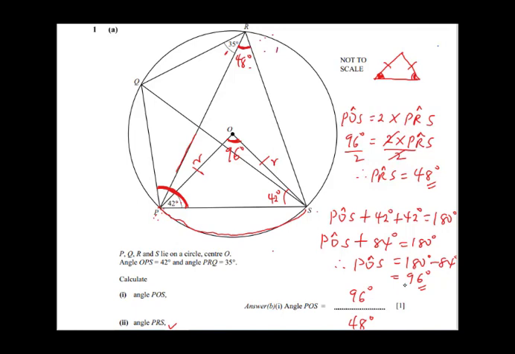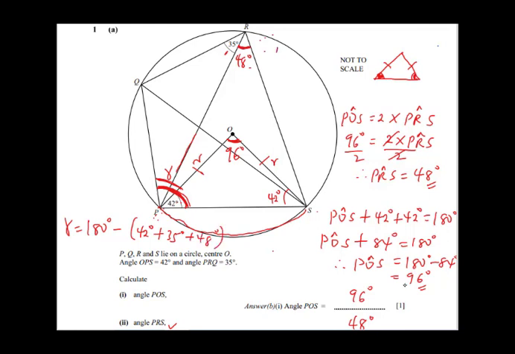Since I'm looking for angle SPQ, the whole of this angle, I want to find this smaller part here first. Let's call it gamma. So angle gamma will be 180 degrees minus this angle here, 42 degrees, plus these other two angles, 35 degrees plus 48 degrees.